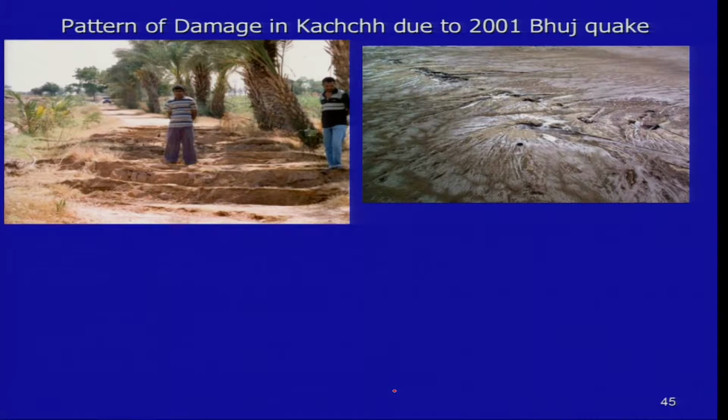We had lateral spread, which is typical of lateral spread. This took place on a very gentle sloping surface and the land slipped in this direction. So, we can categorize it as a landslide or landslip.